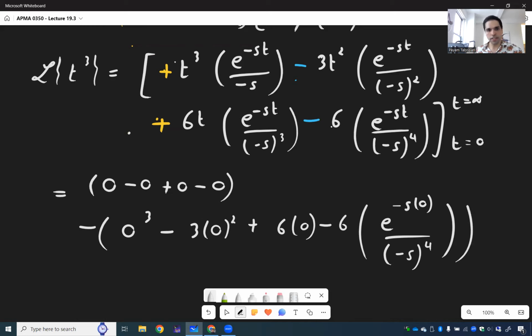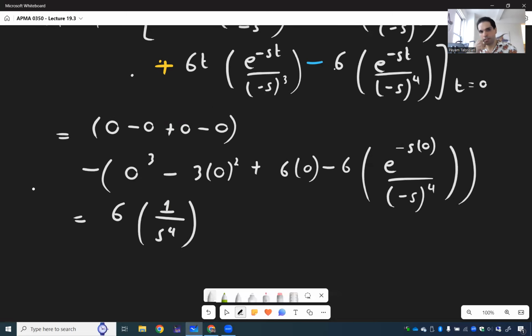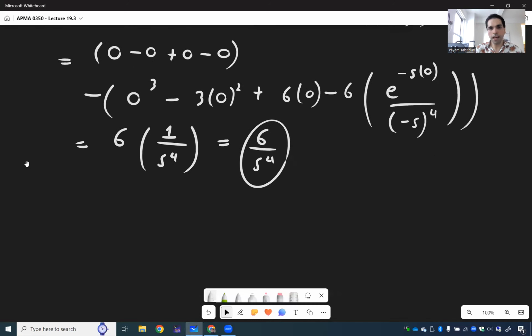And once the dust has cleared, we get 6 times 1 over s to the 4th, and so 6 over s to the 4th. So in other words, the Laplace transform of t cubed is 6 over s to the 4th.